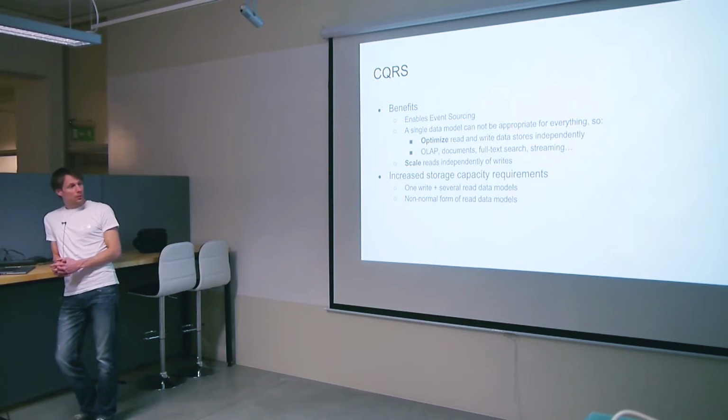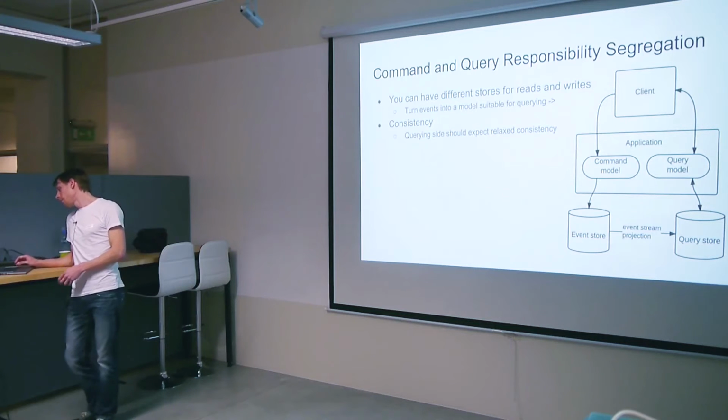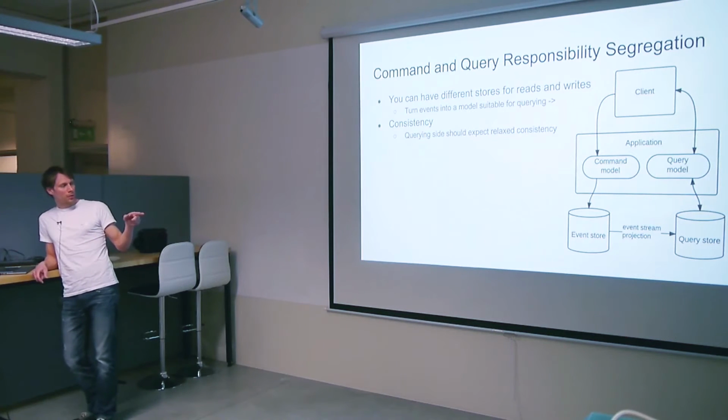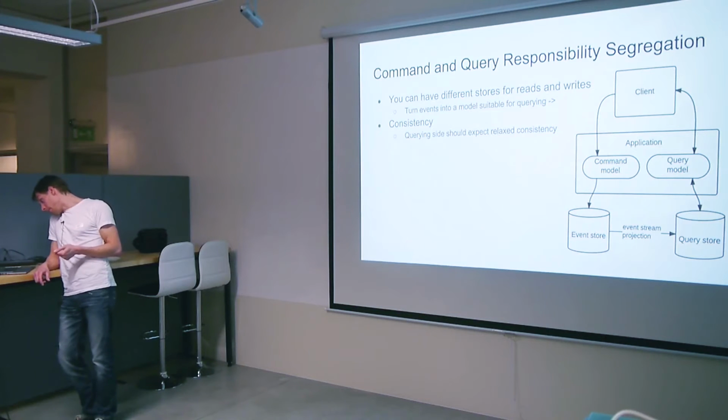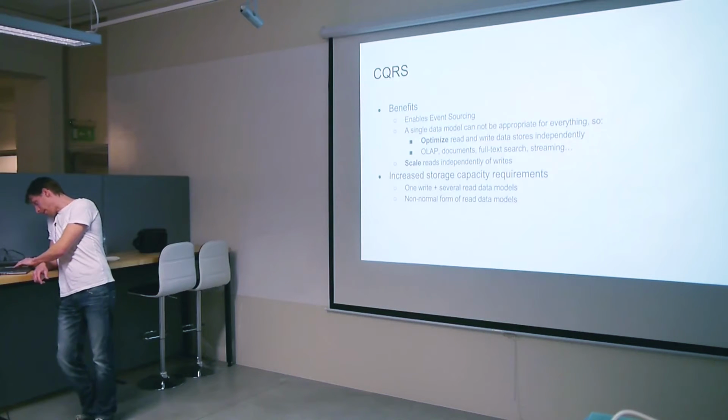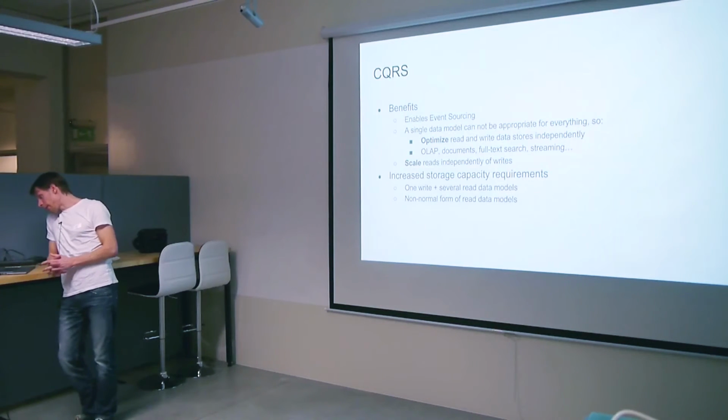Of course, there's a drawback, which is also increased storage capacity requirements. Not only for the several stores representing the same data, for example, the event store holding data and the query store holding the same data, but there can be many query stores, and each store can have data in non-normal form.